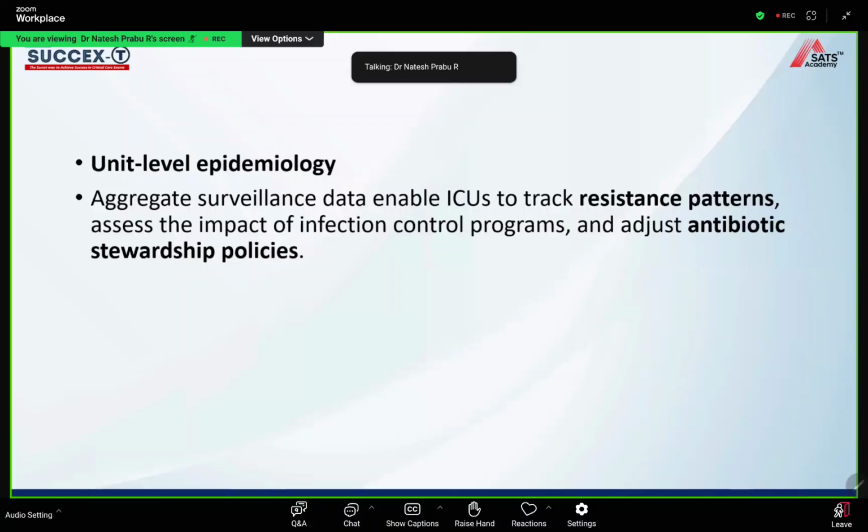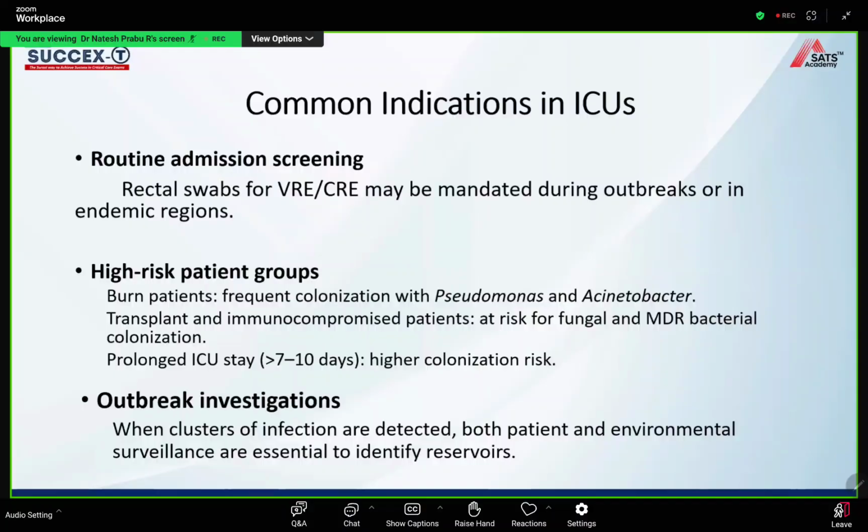So, what are the common indications of surveillance cultures in the ICU? Routine admission screening is recommended by a few centers. Rectal swabs, for example for VRE or carbapenem-resistant Enterobacteriaceae, may be mandated during outbreaks or in endemic regions.